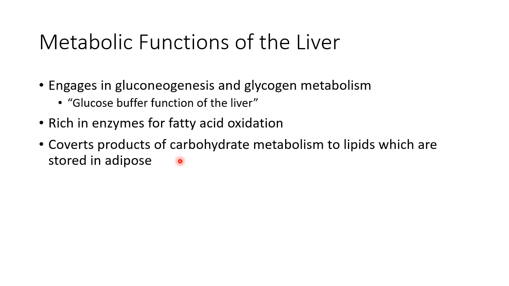The VLDL will then transport those triglycerides into the periphery, where the enzyme in the endothelium, lipoprotein lipase, will cleave off the triglycerides and release the free fatty acids, which are then taken up by the adipose. There they are stored in the form of a triglyceride droplet.